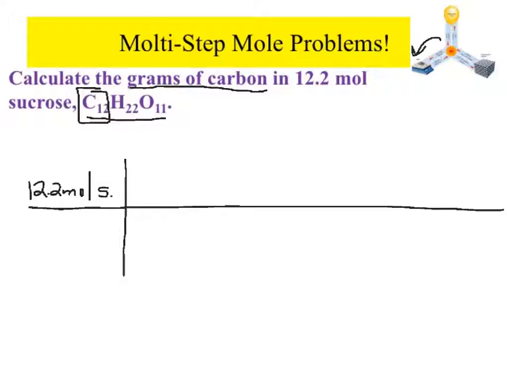I am going to say that for every 1 mole of sucrose, C12H22O11, there are 12 carbon atoms, which means I will also have 12 moles of carbon.